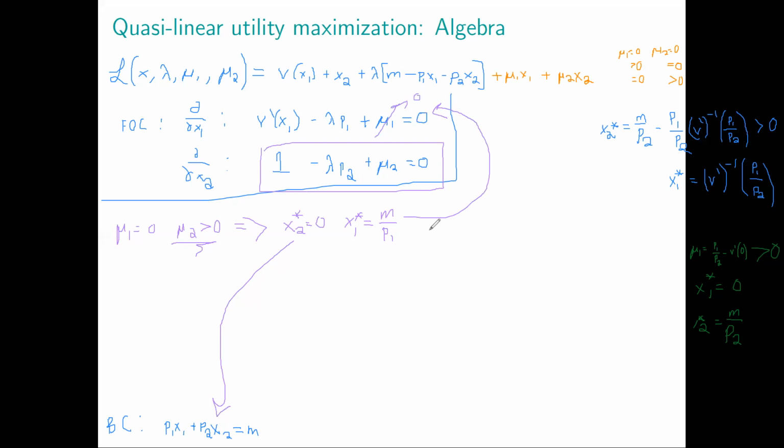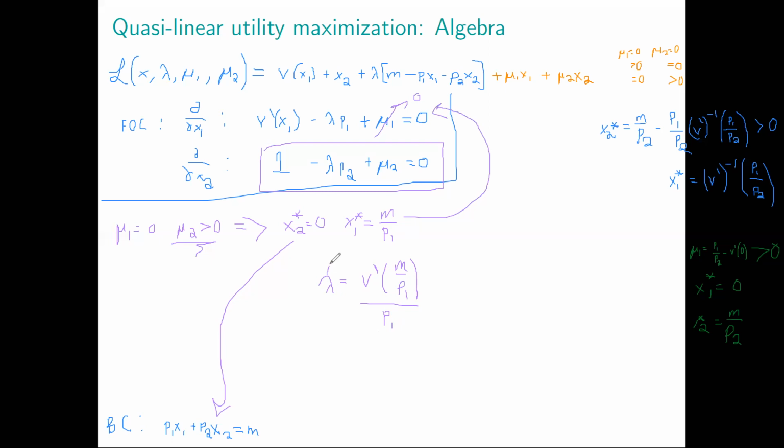If we expand this out, we get lambda is equal to v prime of m over p1, divided by p1. So now we're evaluating the derivative of v at m over p1 and dividing that by p1.